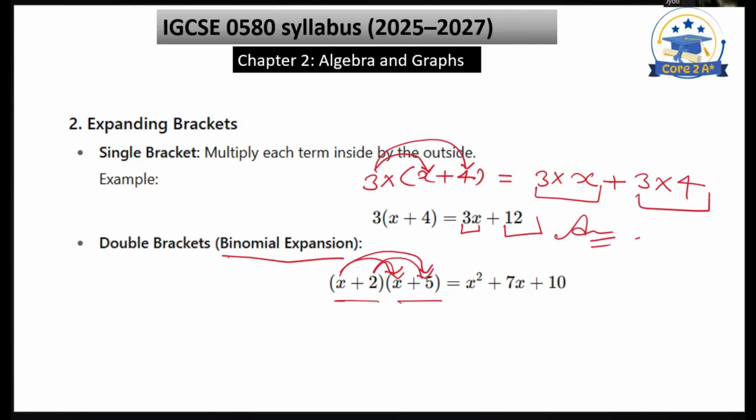First, I'm going to start with multiplication with x. x times x plus x times 5. Done with the x. Okay.